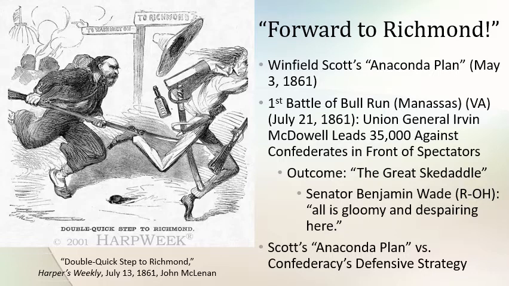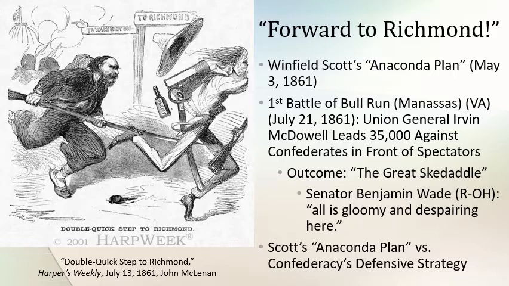It was expected to be a quick and easy victory for the United States, so much so that nearby Washington, D.C. residents, including members of Congress, actually came to the battlefield at Bull Run here in Manassas, Virginia. They came with their picnic gear. They were going to picnic and watch the fighting, believing that it was no different than a play, and they were going to enjoy it just as they would any other form of entertainment.